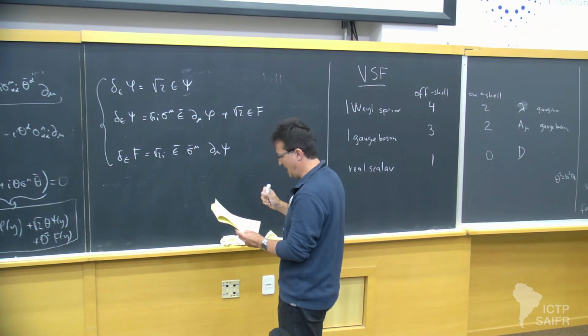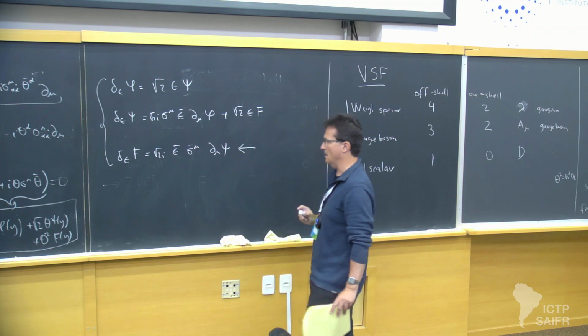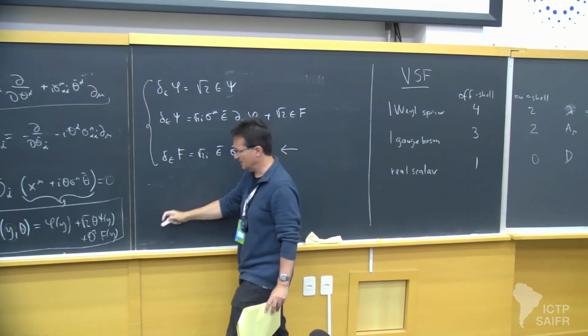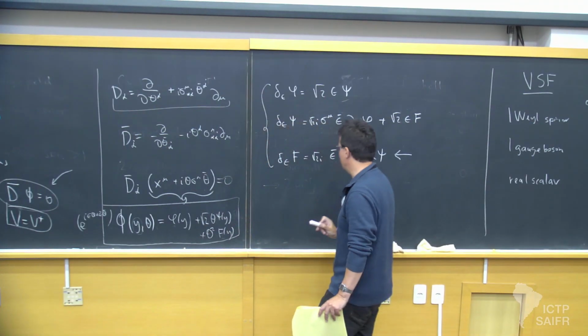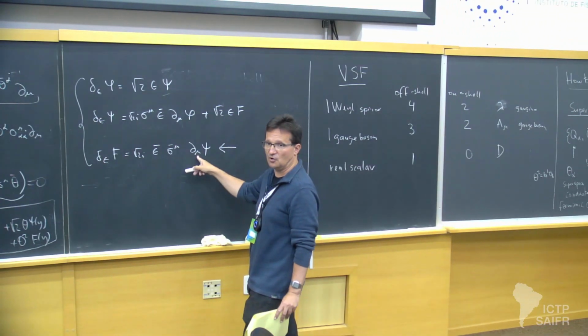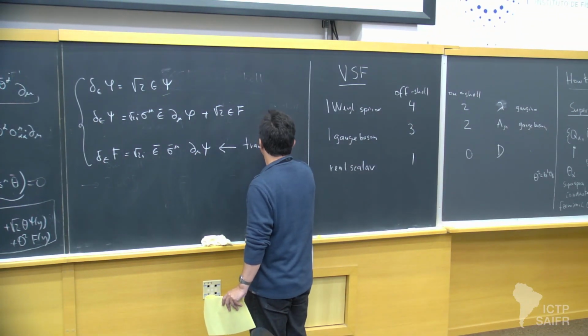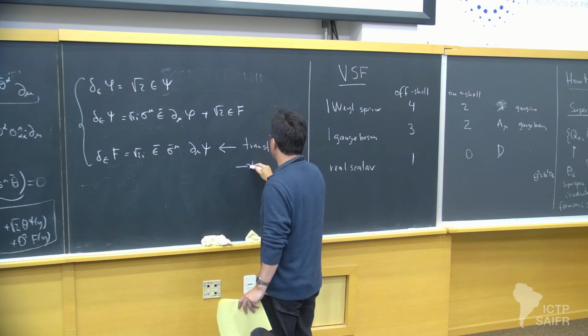Now, one thing I would like to emphasize is that the transformation of the highest component, so we call this the highest component of the chiral superfield, the auxiliary field, goes into a total derivative. Okay, so the transformation of F is into a total derivative.